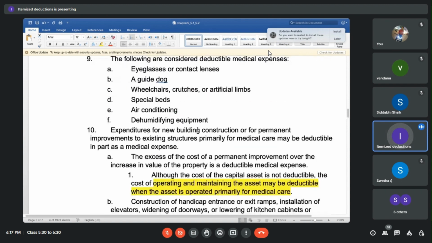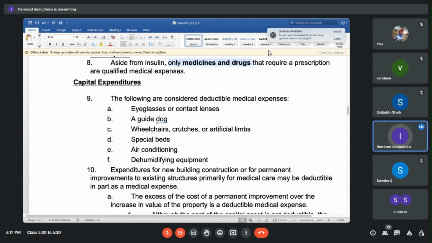Okay, then we'll look into some capital expenditure. There are people who are not able to walk properly, and they may need a wheelchair, or certain changes made to the property, like a ramp, or special medical beds, or air conditioning, if it's required for medical reasons, to control the temperature.